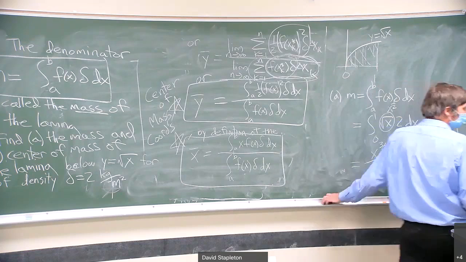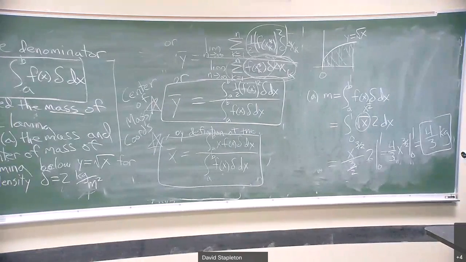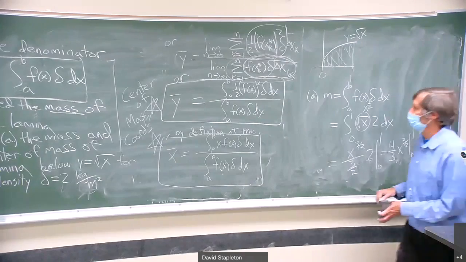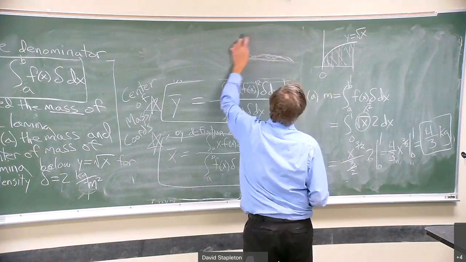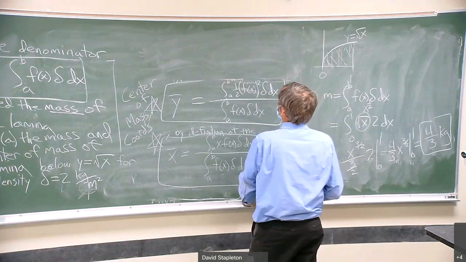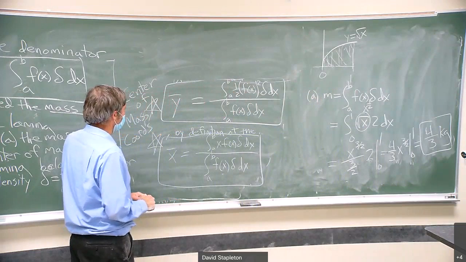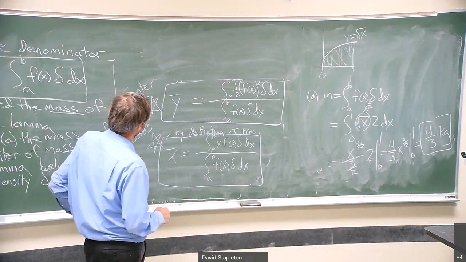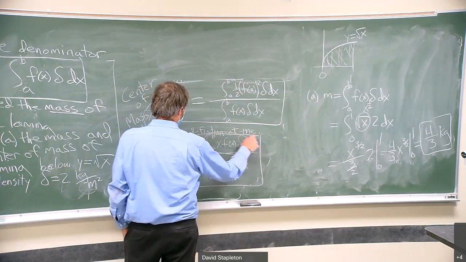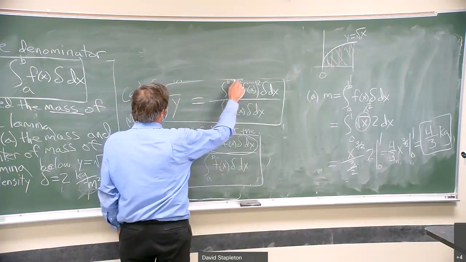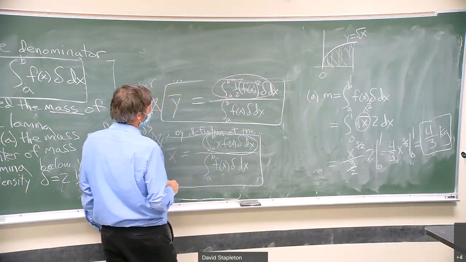Now, what about the center of mass? Well, we have another note: these two things here, this is called the moment of mass about x equals 0, and this is the moment of mass about y equals 0.